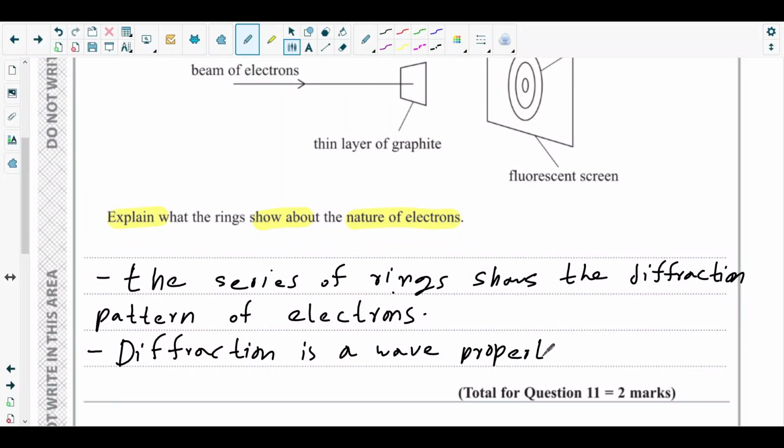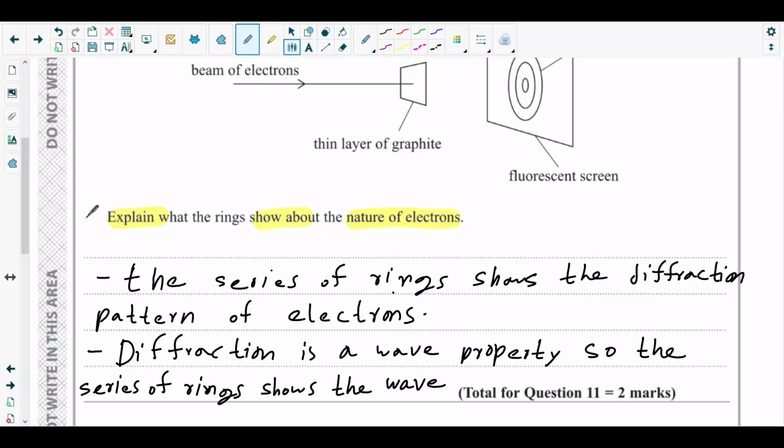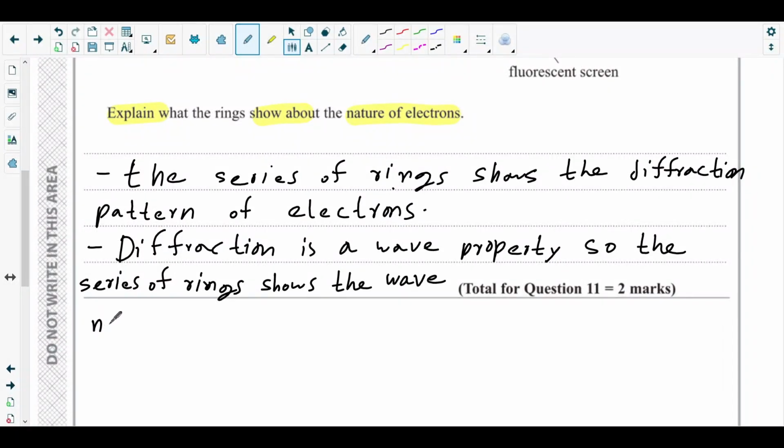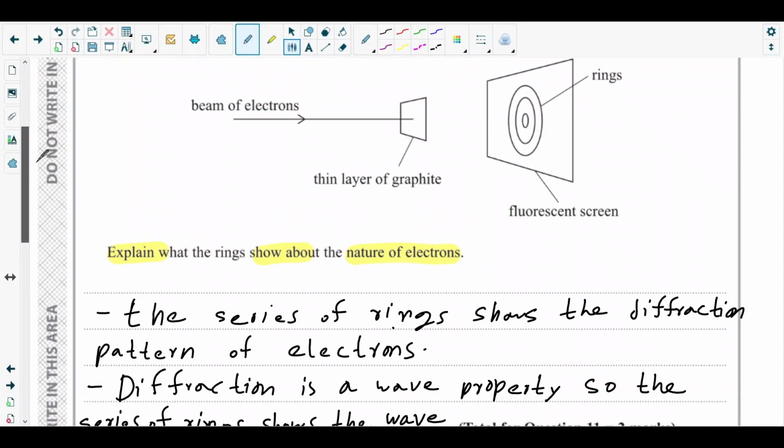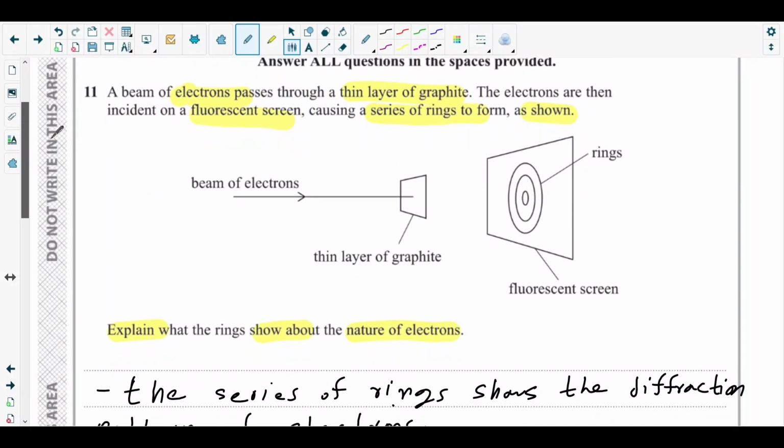So since diffraction is a wave property, the series of rings shows the wave nature of electrons. That's it. So that's what we can write for question number 11 from this paper.